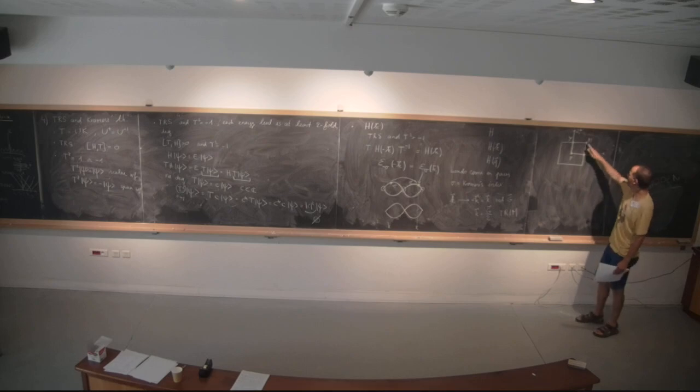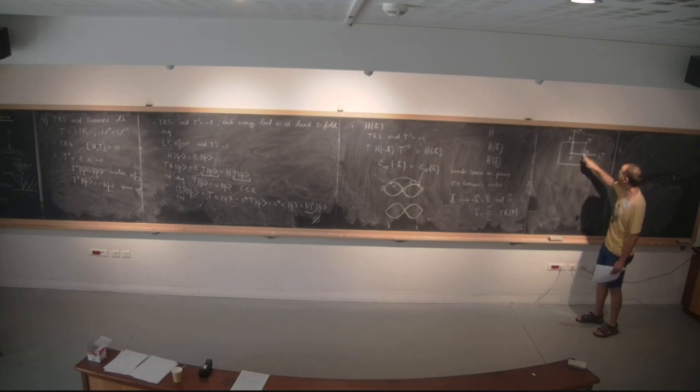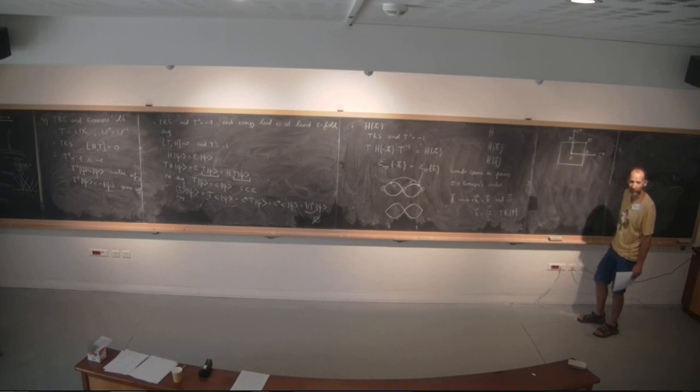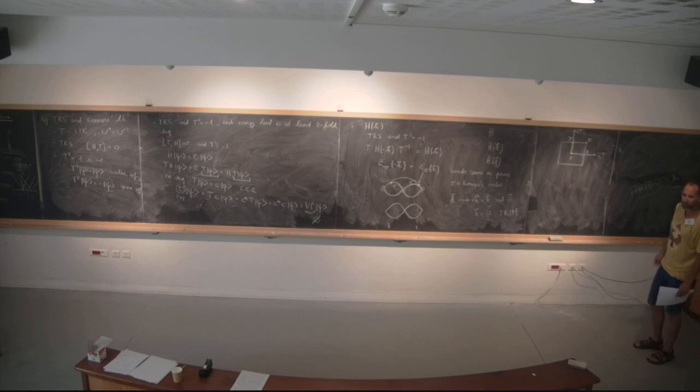So under time reversal, this guy is sent to this guy, but they are equivalent by translation by a reciprocal lattice vector. This guy is sent to here, but it's again equivalent to itself. This guy is sent to here, and it's equivalent to this guy. So these 4 points are special. They are special in that there you're sure to find 2 energy levels at the same k position.